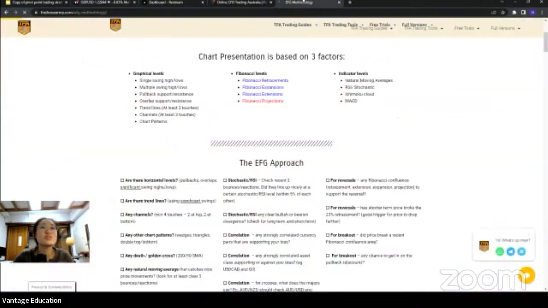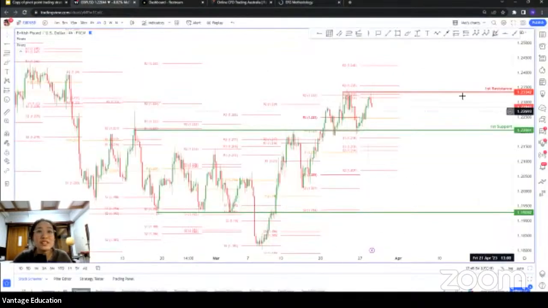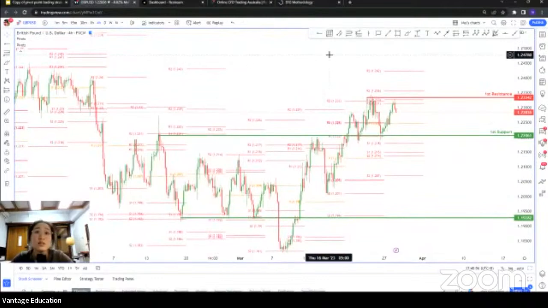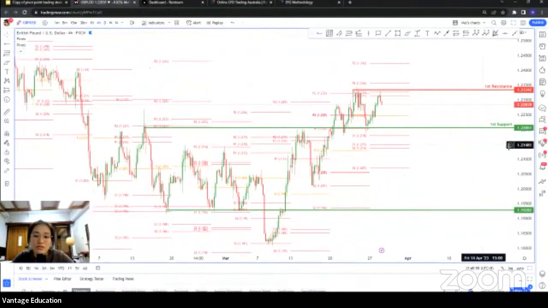Okay, I can't pull it out now because my Wi-Fi is really slow today. So sorry about that. But I'm just going to try and explain it on this chart first.